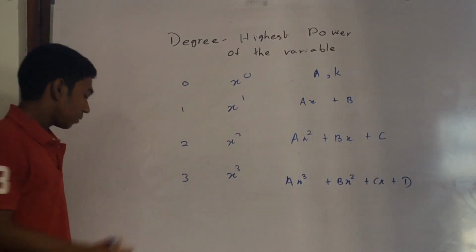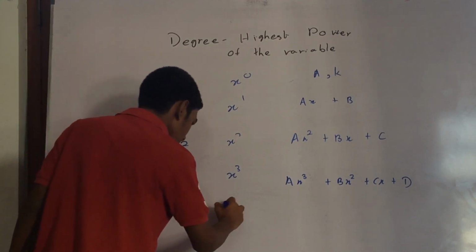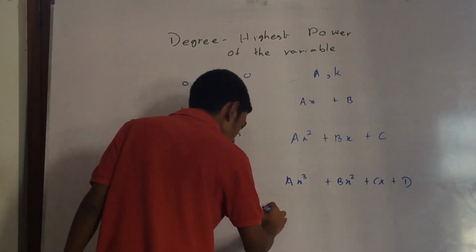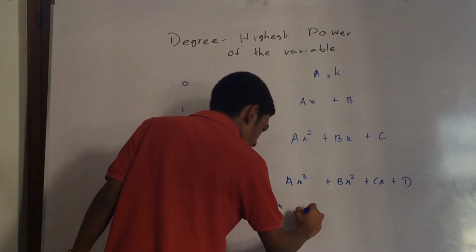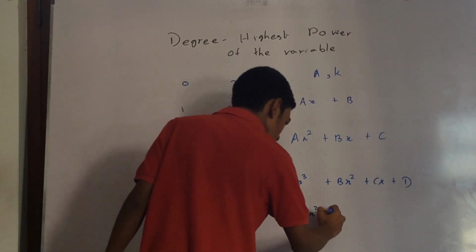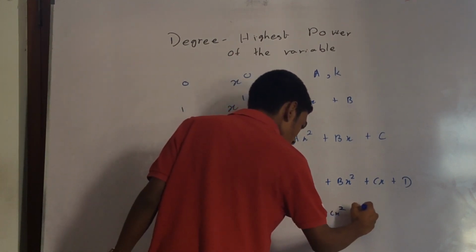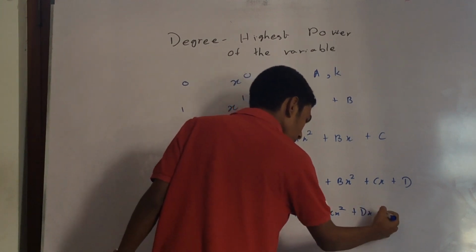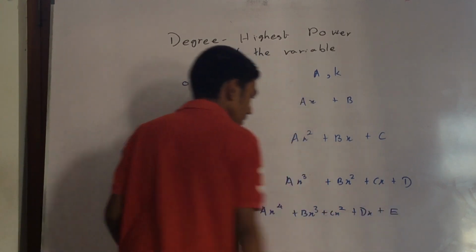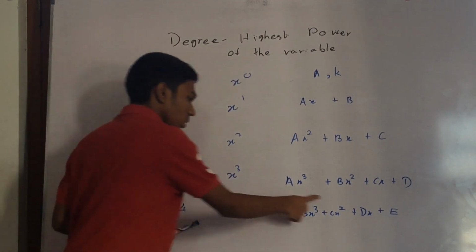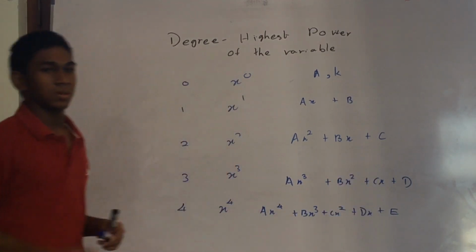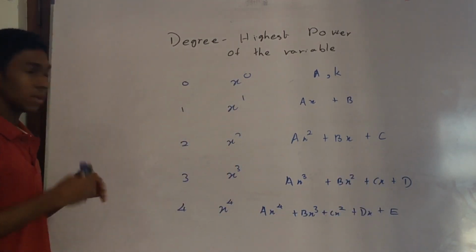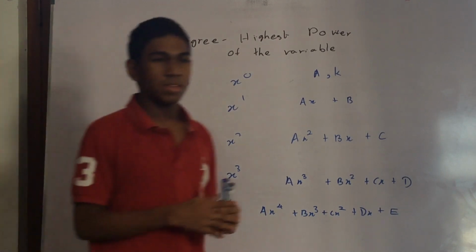And then when the degree is 4, which will be x to the power 4: ax to the power 4, bx to the power 3, cx to the power 2, dx to the power 1 plus ex to the power 0, that's e. Powers 4, 3, 2, 1, 0. So that's what a degree is.